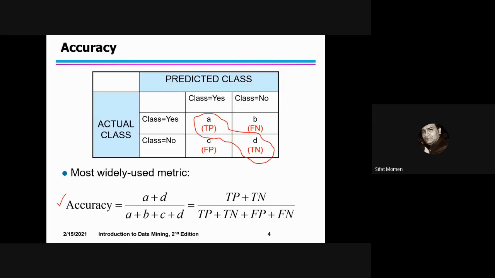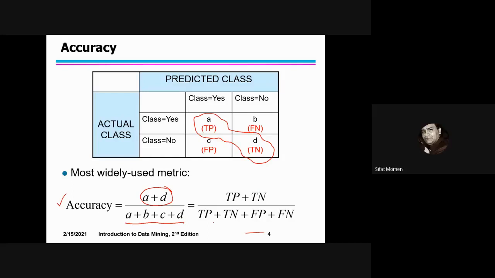Out of A plus B plus C plus D, you are correct in A plus D. So the accuracy is A plus D divided by A plus B plus C plus D, or true positive plus true negative over the total number of instances you have. So that's how we measure accuracy. Is that okay to everybody?